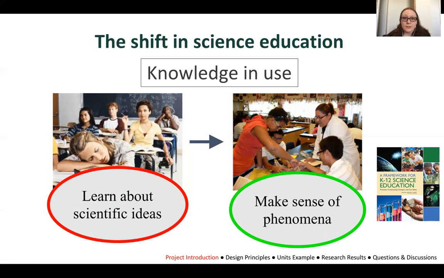Essentially, we want students to develop really deep knowledge in use so that they can apply the things that they learn in their science classes to other phenomena they'll experience throughout their lives. And this vision was detailed in the K-12 framework for science education, and the Next Generation Science Standards and the Michigan science standards that come from that are both really based on the vision that's presented in this framework.